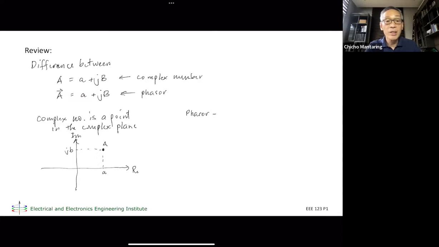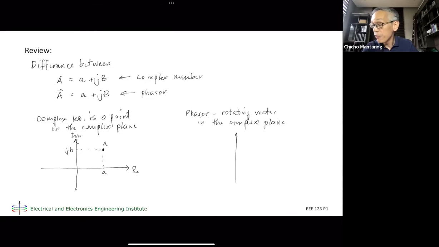What about the phasor? What is the difference? Okay. A phasor is a rotating vector in the complex plane. So ito, this one is stationary. Pero pag phasor, nagbabago yung position niya.